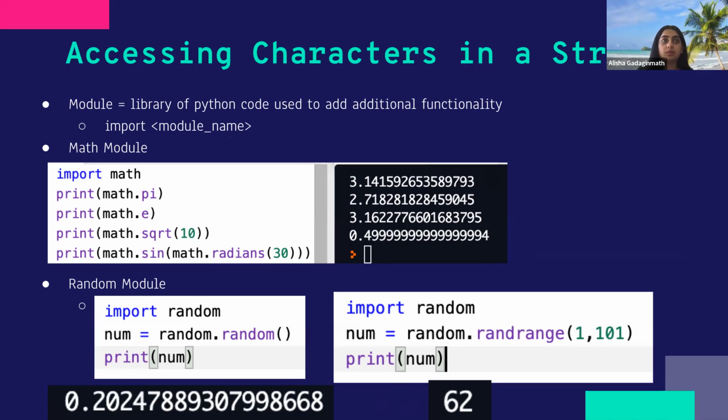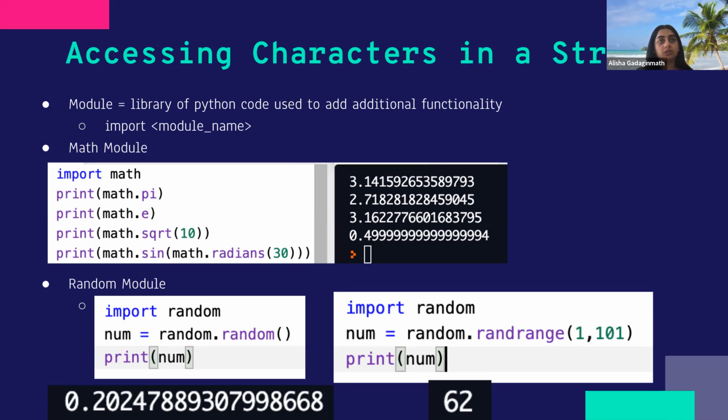The syntax starts with the import keyword followed by the module name. One example is the math module, which provides access to many mathematical functions and numbers like pi, square root, and many others. You can see an example on the screen.